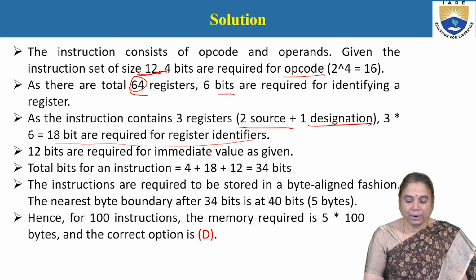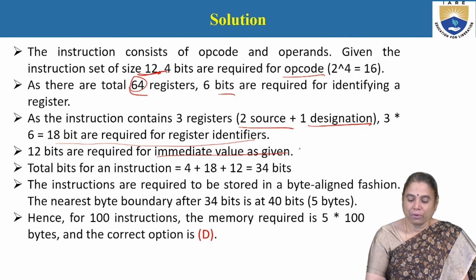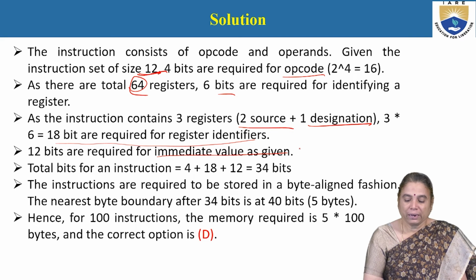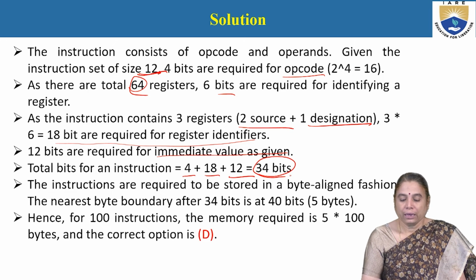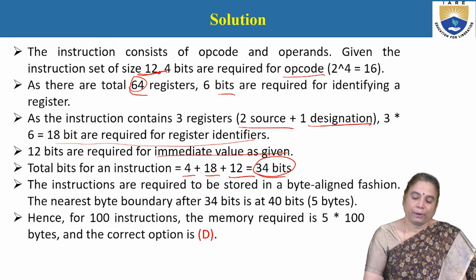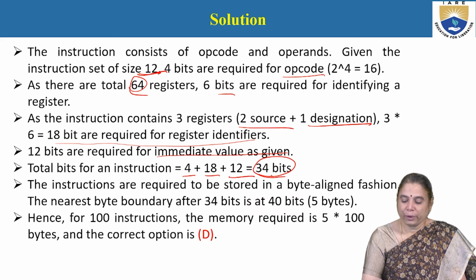So 12 bits are required for immediate value as given. So total bits are 4 plus 18 plus 12, total 34. So to represent the opcode, the 3 registers, 18 bits, and immediate value of 12 bits, total 34 bits are required for the instruction format.